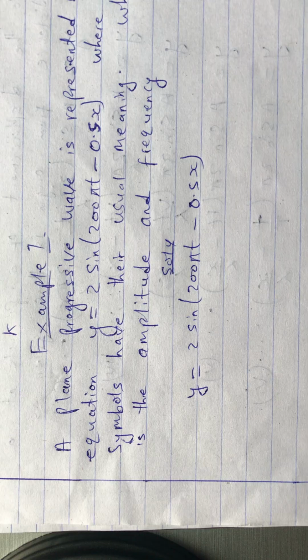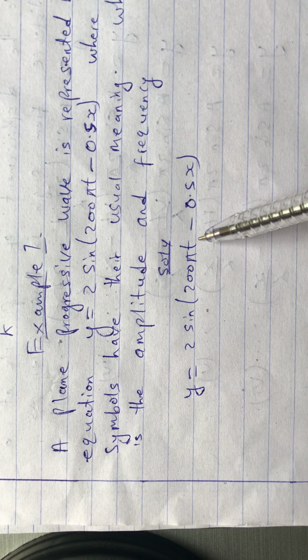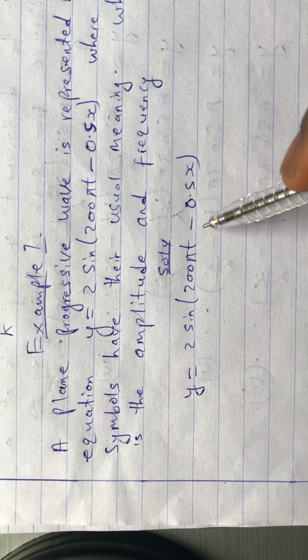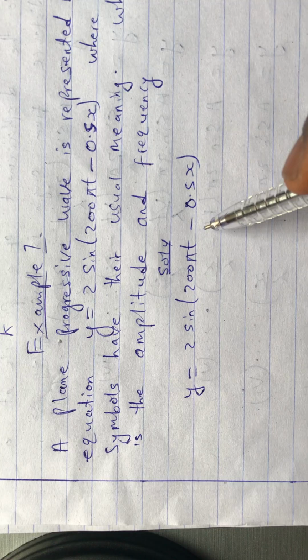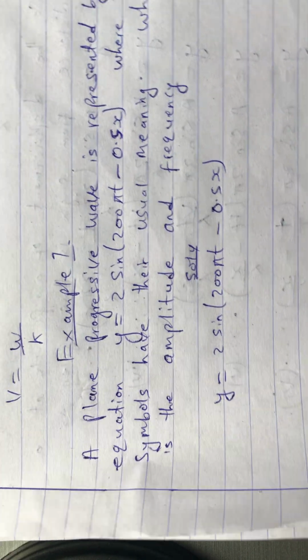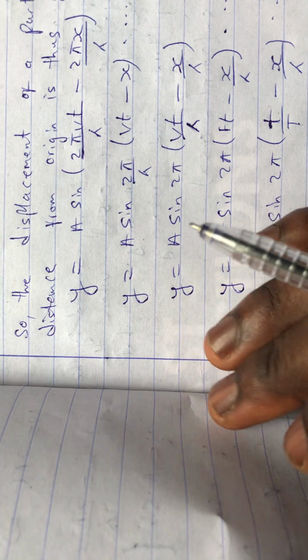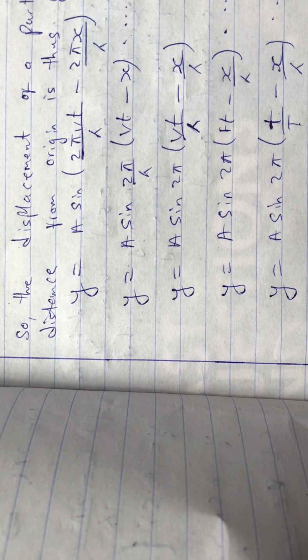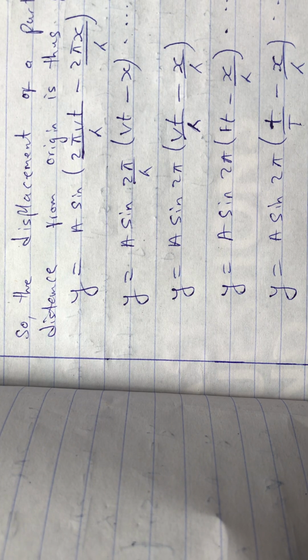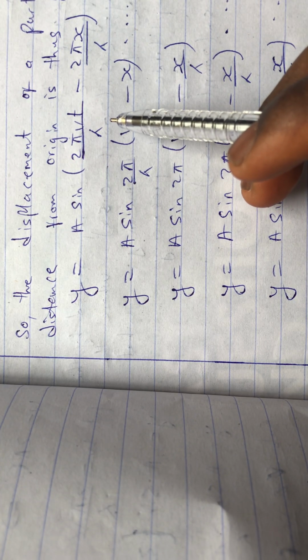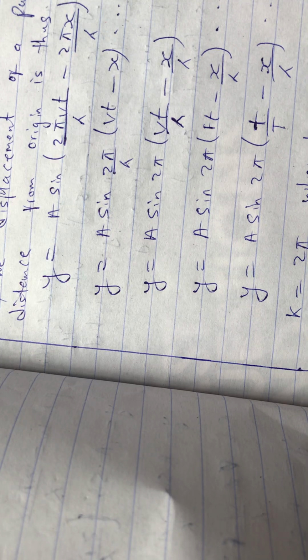Let me show you guys. You see, we are having 200 pi t minus 0.5x. I think, without even looking, it's the third equation. Look at it here. Yes, it's actually the third equation that represents it.